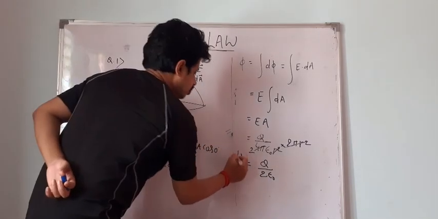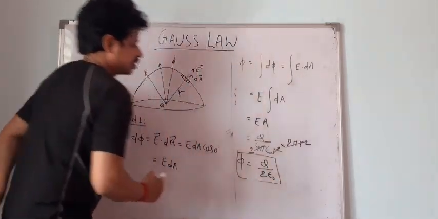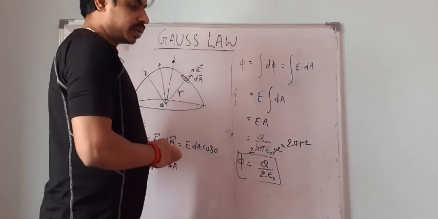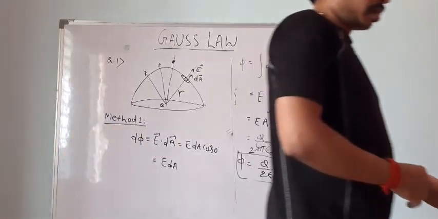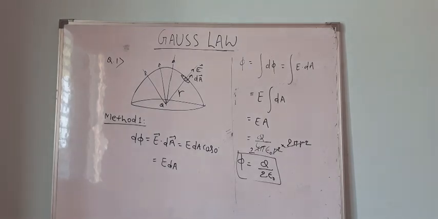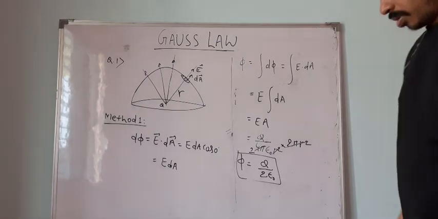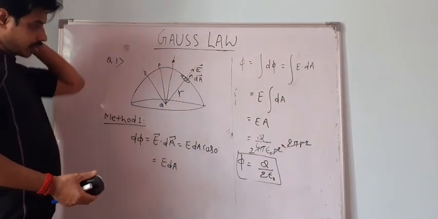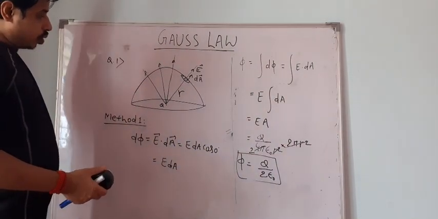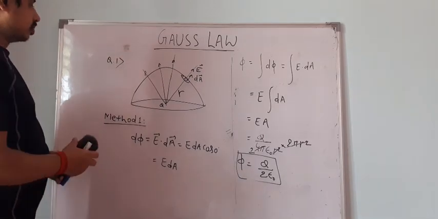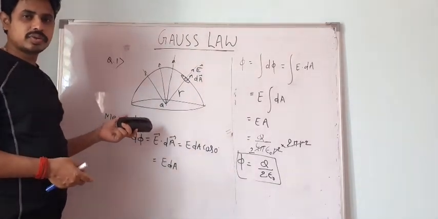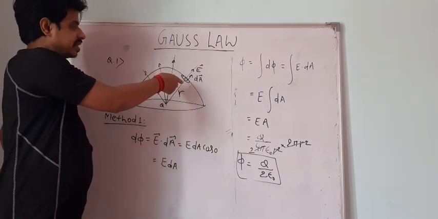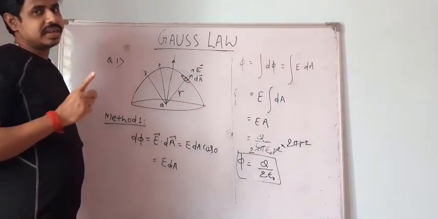So this is method 1. Now we will do it by Gauss law. This was without applying Gauss law. Simply we used the speciality that E and dA are always at 0 degree.